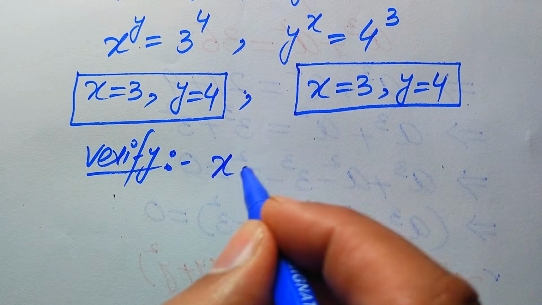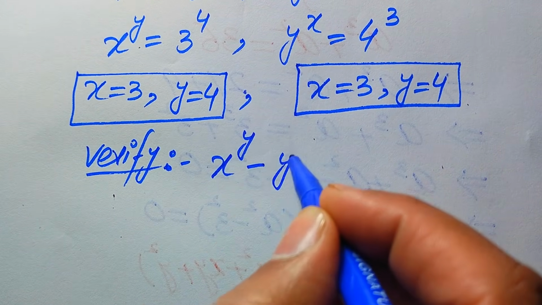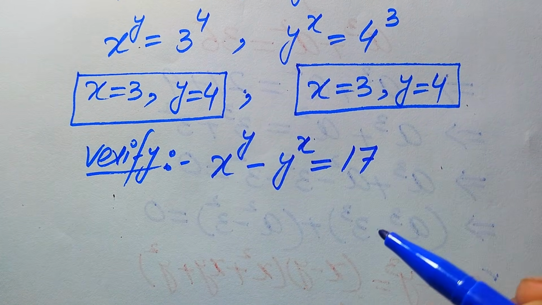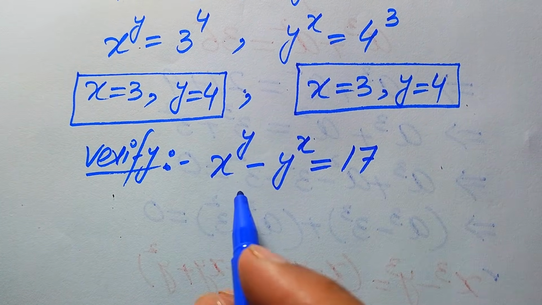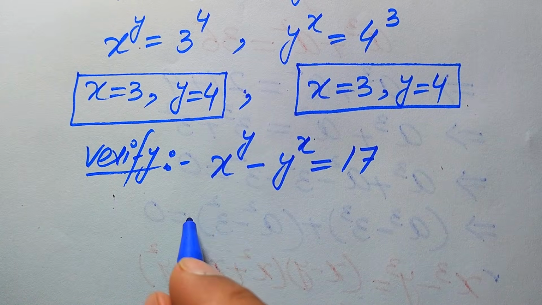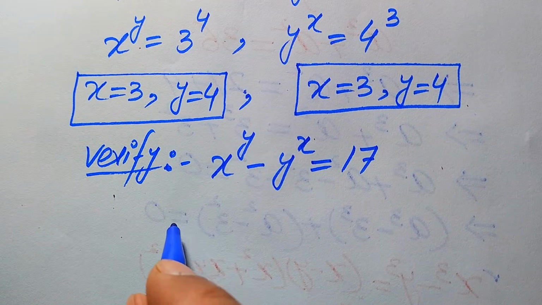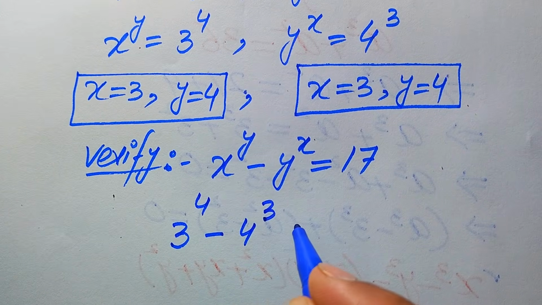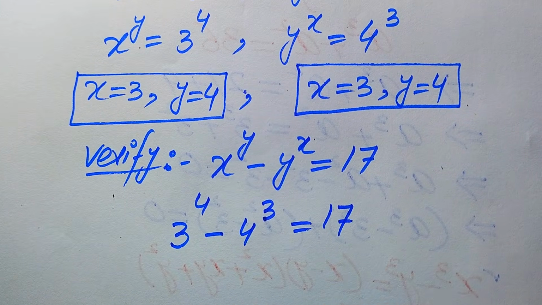So for this, we need to copy down the given question statement here. It is x to the power of y minus y to the power of x is equal to 17. And here we substitute both values into the left hand side and it becomes x is 3 and y is 4, so 3 to the power of 4 minus 4 to the power of 3 is equal to 17.